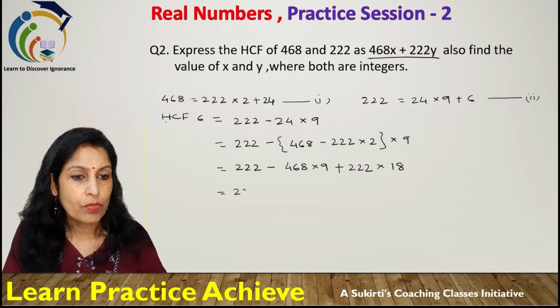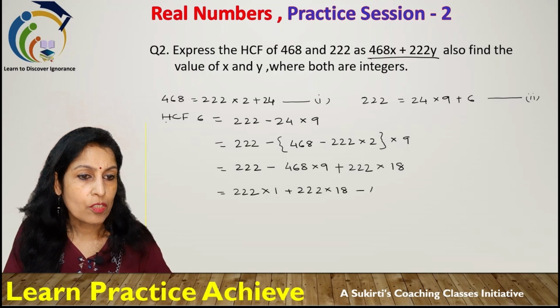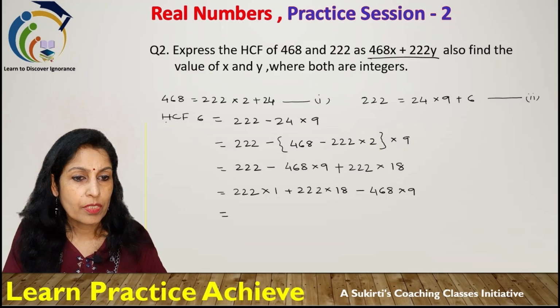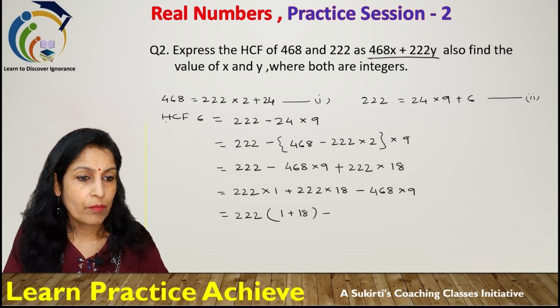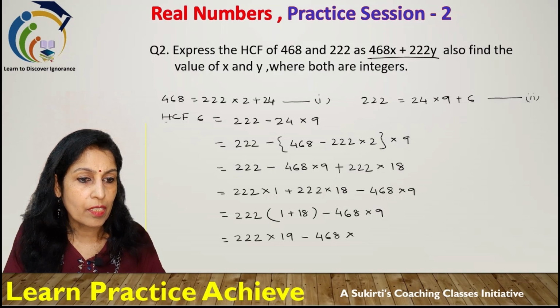Now this 222 can be written as 222 into 1, plus 222 into 18 minus 468 into 9. If you take 222 as common, inside the bracket 1 plus 18, and here minus 468 into 9. Again this can be written as 222 into 19 minus 468 into 9.